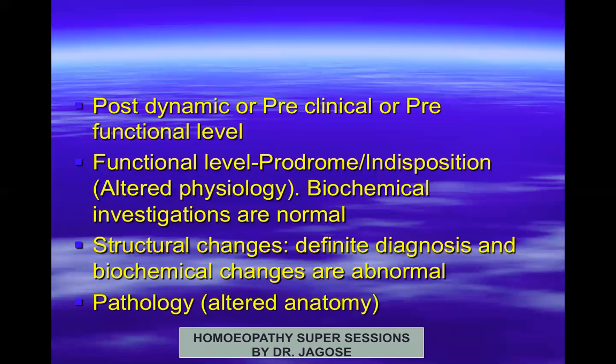So this is known as the preclinical or the pre-functional stage. Here it becomes difficult for the physician to ascertain the signs and symptoms. Why? Because there are hardly any symptoms. However, the initial dynamic derangement can be made known to the physician by special techniques, which I've told you, which are known as dowsing or radiesthesia.